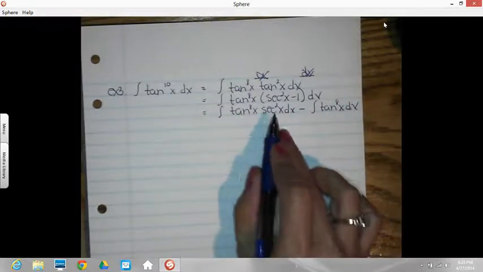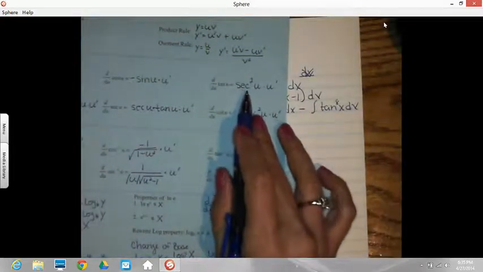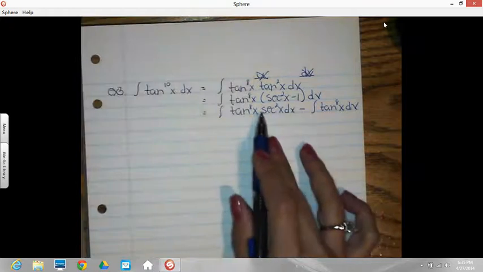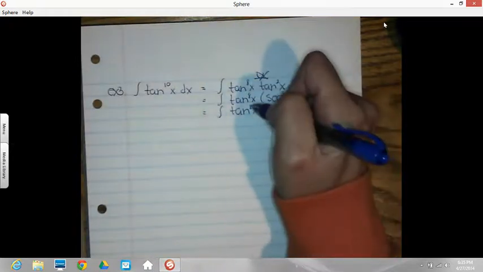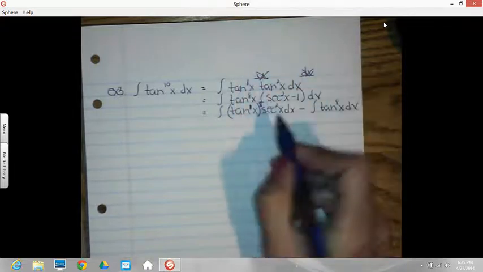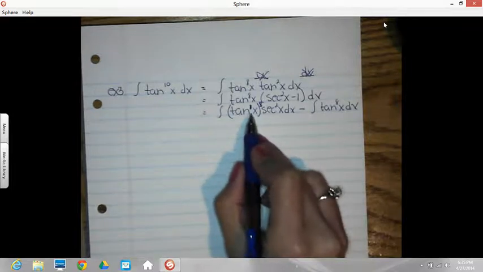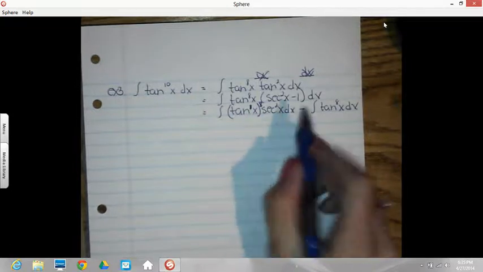Here, if you remember, the reason why I did this, tangent's derivative is secant squared. Now this is actually a power rule. Think about this. You can do power rule, in other words, you can add one to this if you have the derivative of the inside attached to the dx, and that is the case here.